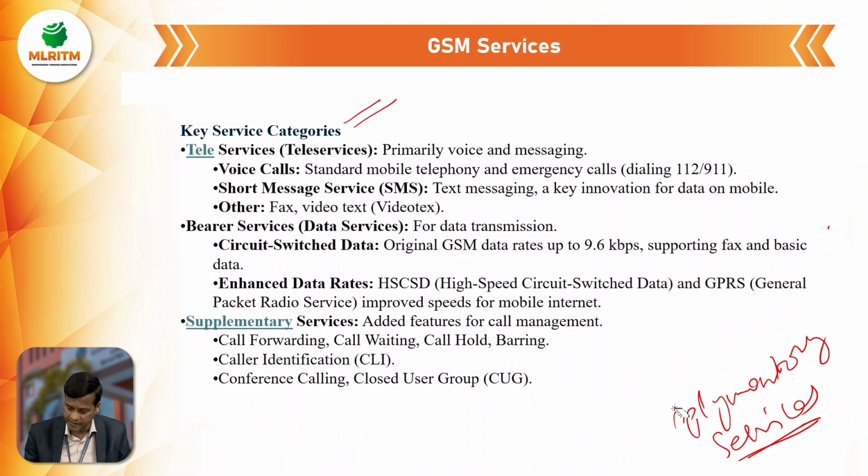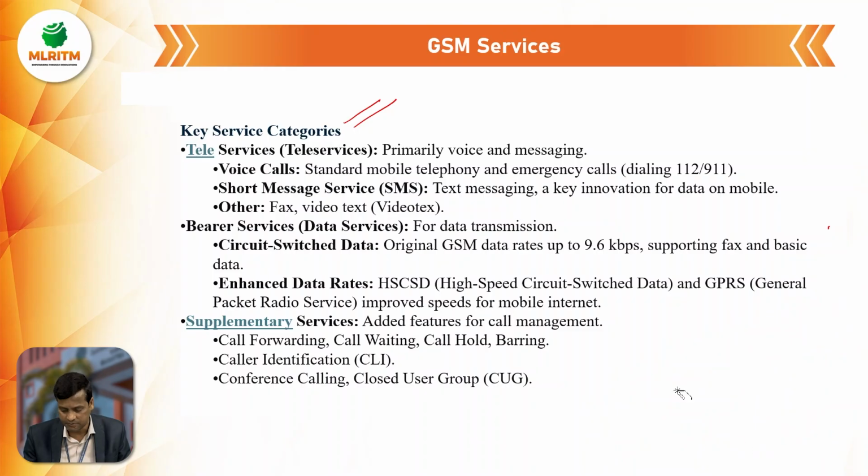And the next one is bearer services. Bearer services means data services for data transmission. So the second service is bearer services. In bearer services, circuit switched data and enhanced data rates are there.